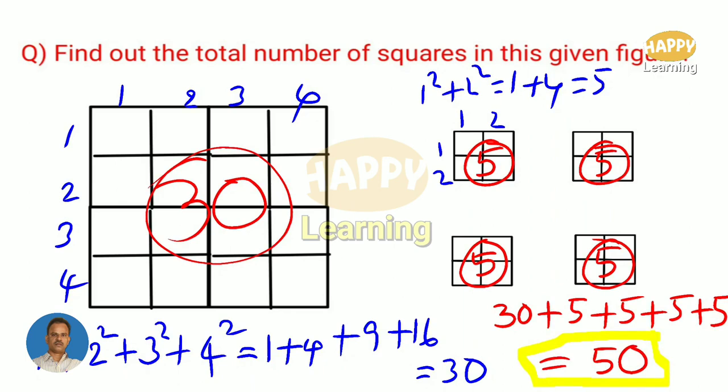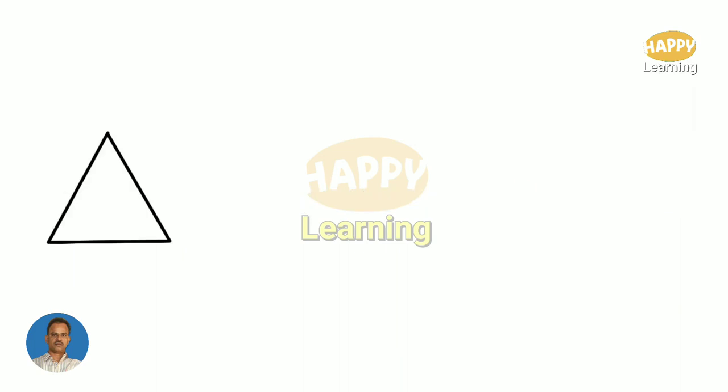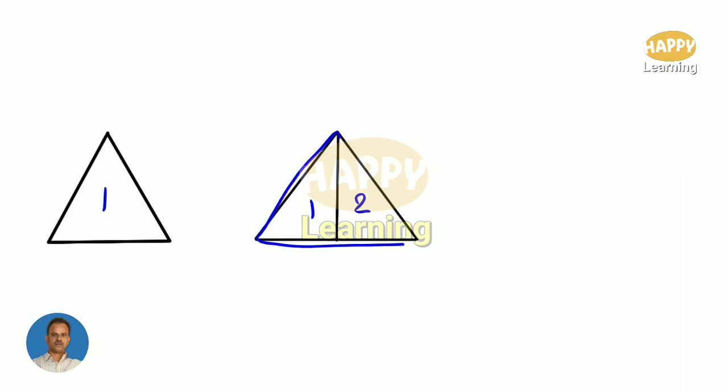Okay, right. So next let us discuss counting the number of triangles. This is one triangle. Then here in this one we got one triangle. And in this triangle we got here one triangle, here second triangle, and this outer one is the third triangle.